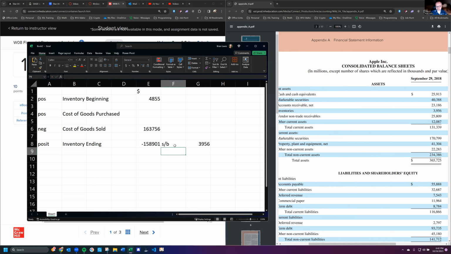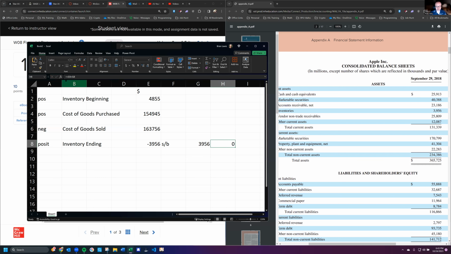Arguably you could just say, okay, what's the difference? This plus this gives you the difference. And if I put in COGS 154,945, that should give me my 3956, but it's not exactly right because it's a negative. So I did that a little bit backwards.